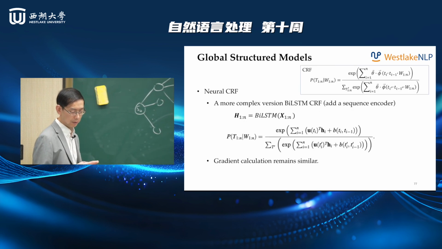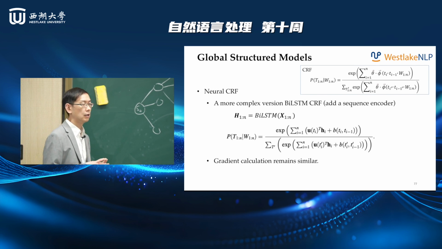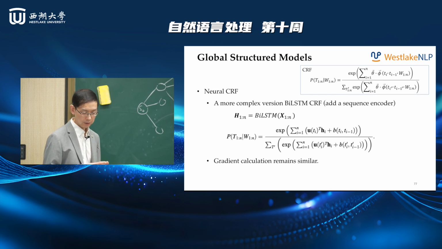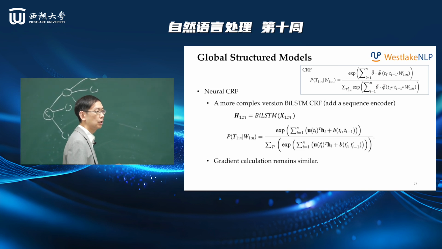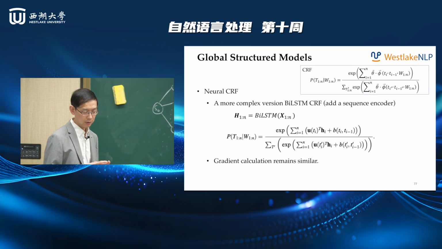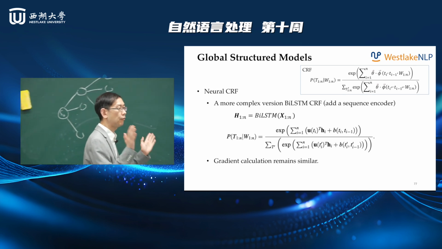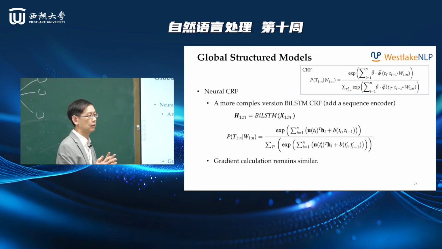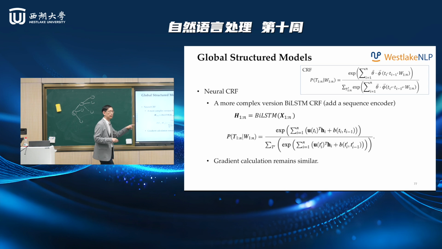So can we do something else to the neural CRF? It turns out that we can replace the neural network structure earlier with a more complicated structure. For example, earlier we only extracted features from a 5-word window. Can we extract features from the whole sequence? Yes, we can use a BiLSTM to represent the whole sequence, right?